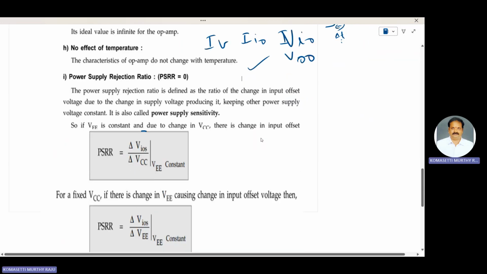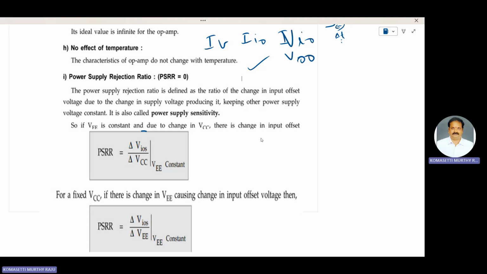Power supply rejection ratio means suppose we have some input offset voltage, VIO. The input offset voltage changes with respect to either power supply, plus VCC or minus VEE. Suppose VIO changes with respect to plus VCC, VEE is constant.